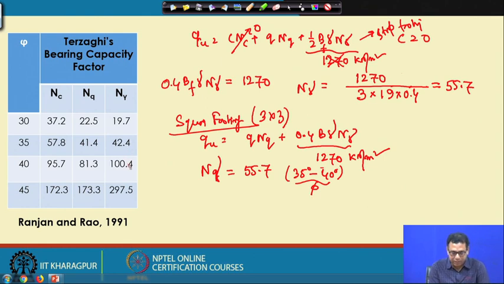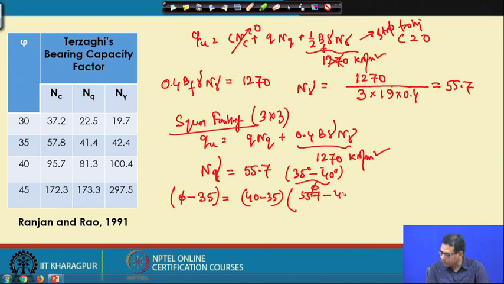Now, if your value is in between, we have to linearly interpolate. So, how can we linearly interpolate? This is phi minus 35 equal to 40 minus 35 into 55.7 minus 42.4 divided by 100.4 minus 42.4.